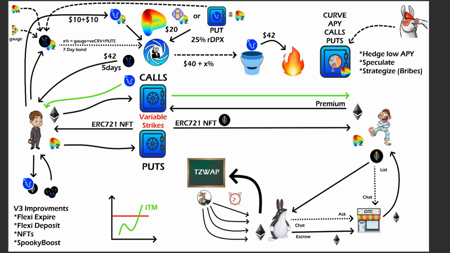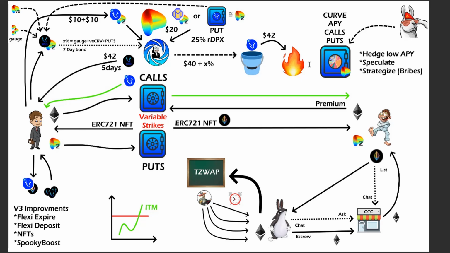So why would somebody want to bet on the future Curve pool APY, right? Why would somebody want to buy a call or buy a put? And here are the main reasons. One is they want to hedge against a low APY. So let's say the APY generally ranges between 2 and 7, right? And he's happy if he gets 4. So then he can buy some puts, right?